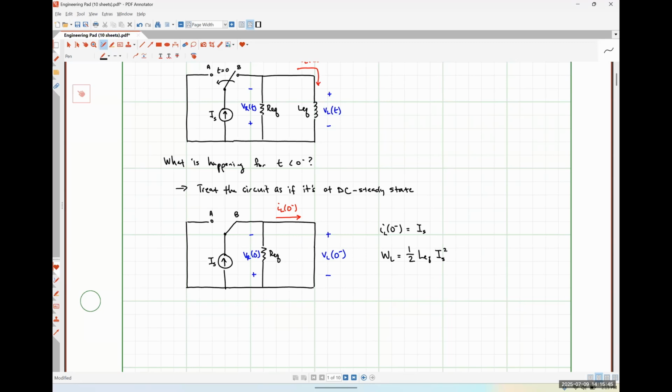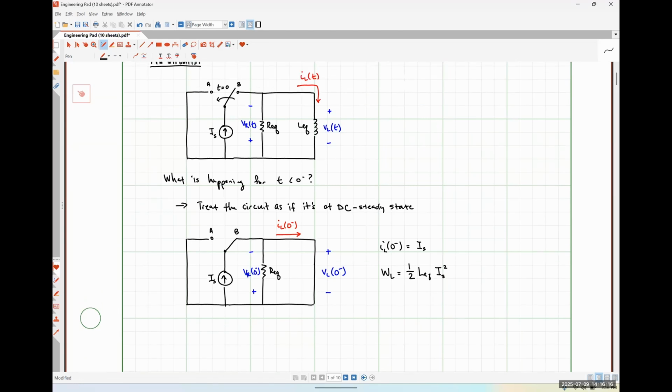So assuming our source current isn't 0 amps, meaning that we have an energized system, our inductor has some amount of energy stored in it. So that's important because what we're looking at during the transient condition is really how our inductor is going to wind up distributing its stored energy to the remainder of the system once we take that current source away.